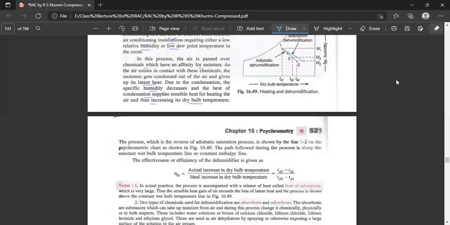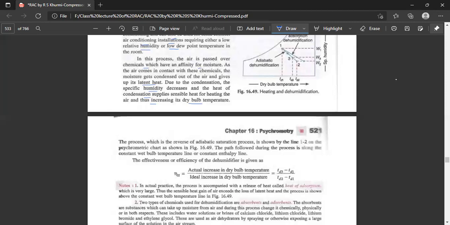Here, the initial dry bulb temperature was TD1, and later, due to condensation, it is ideally increased up to TD2, or actually increased up to TD3. So the dry bulb temperature of the air is increasing, and the initial specific humidity, the amount of moisture present in the air per kg of dry air, W1, is decreasing to W2 due to dehumidification.